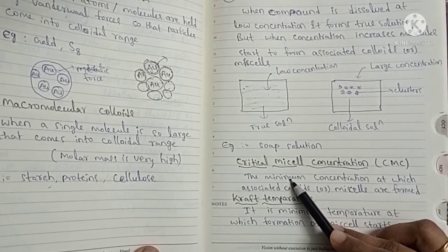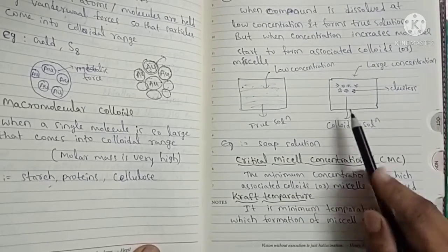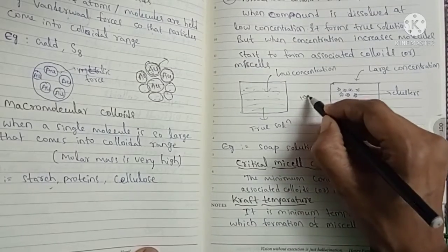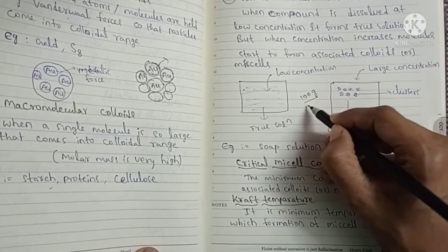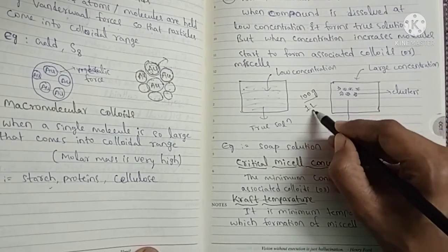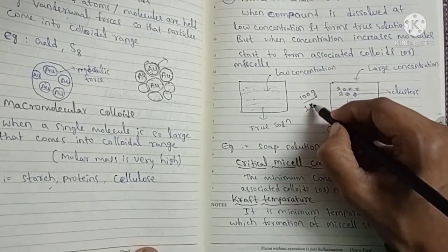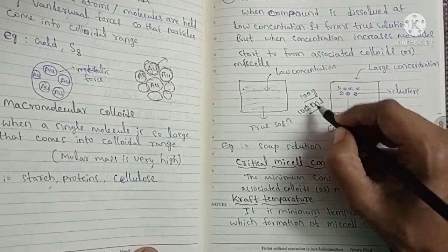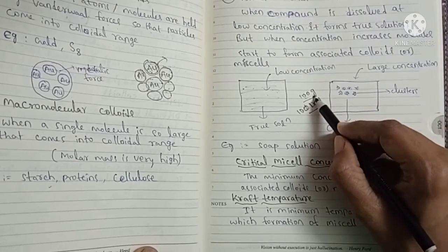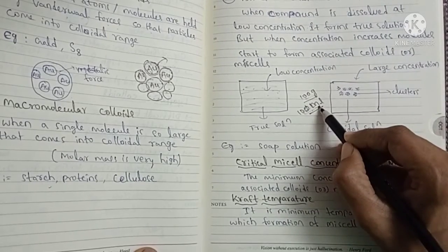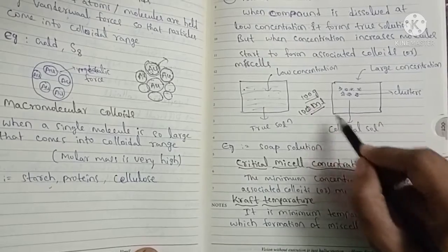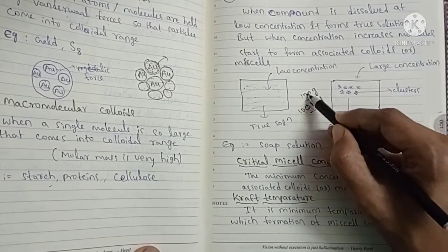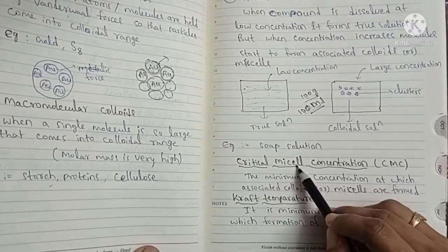Next, critical micelle concentration: the concentration required to form associated colloidal solution. For example, if you mix 100 grams of soap powder in 100 ml of water and it forms an associated colloidal solution, this concentration is called critical micelle concentration.